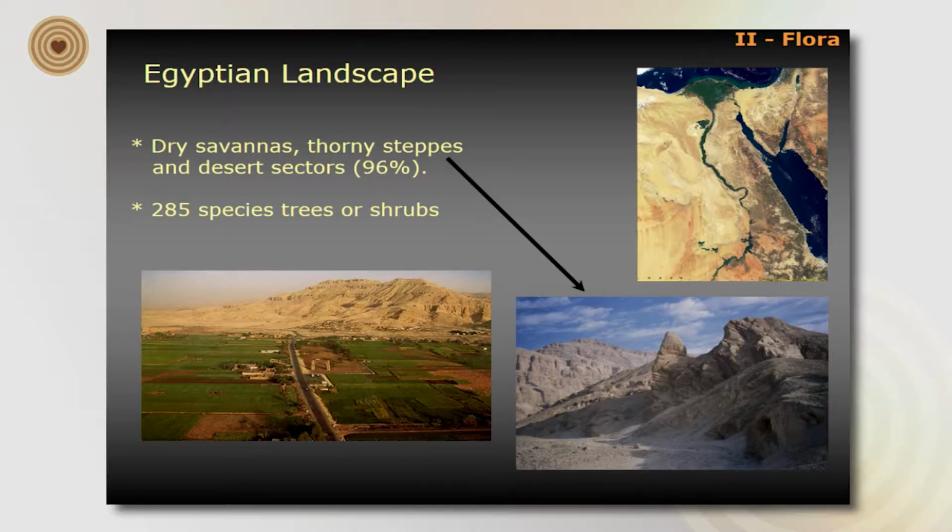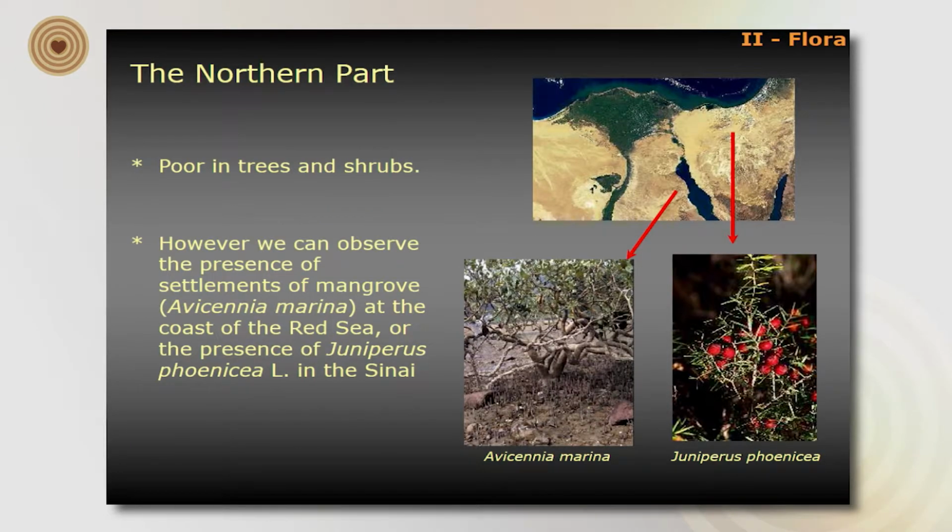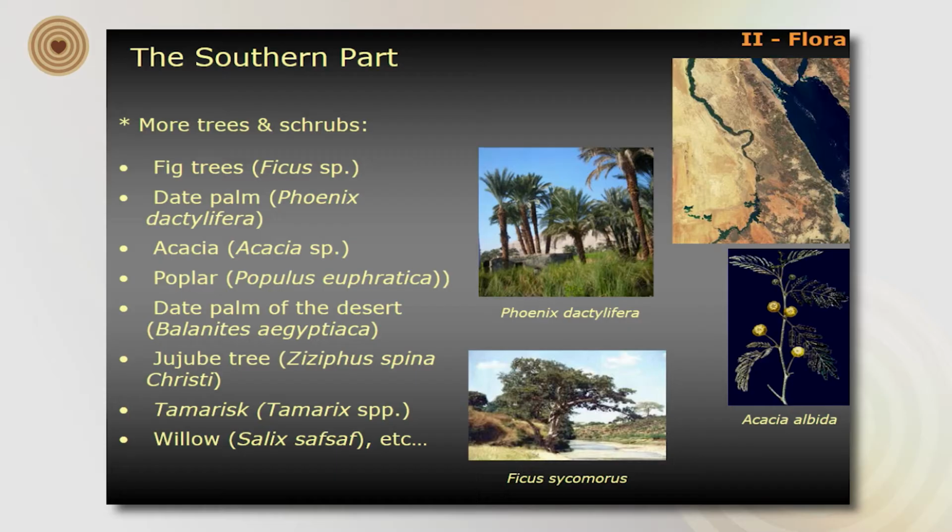So, first of all, if you know Egypt a little bit, you know that it's a very dry and very vast land, but with a very, very small amount of trees and shrubs. The northern part is very, very poor in trees and shrubs. You can find some species like this Juniperus phoenicea, and I would like to note it, because it's the only conifer which exists in Egypt.